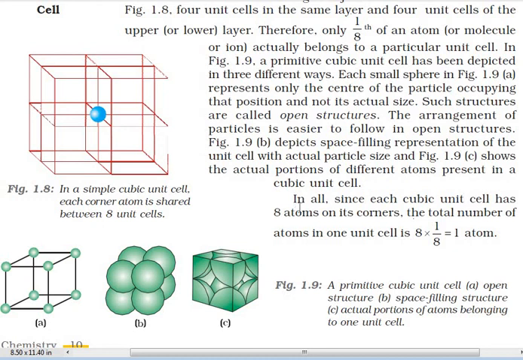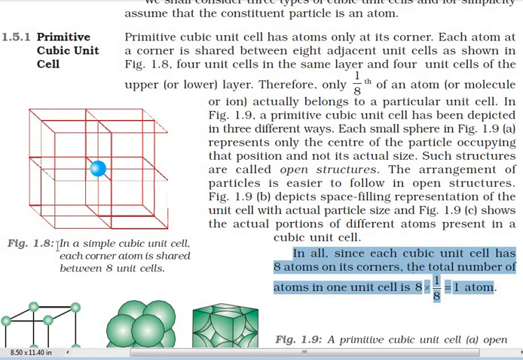So for now you can remember this: since each cubic unit cell has 8 atoms on its corner, the total number of atoms in one unit cell will be 8 into 1 by 8 equals 1 atom. So if someone asks you how many atoms are present in a primitive cubic unit cell, your answer will be 1. Okay.